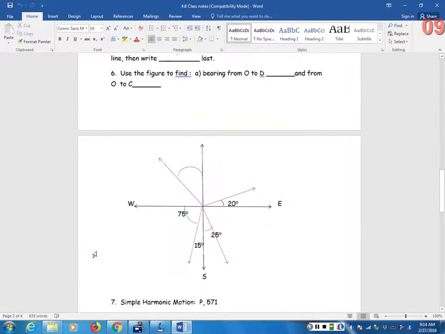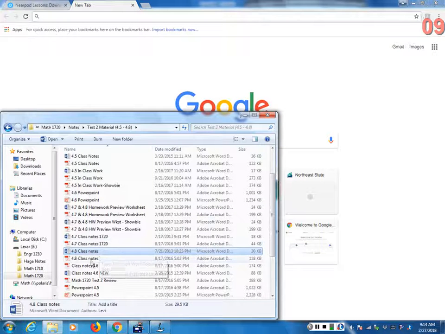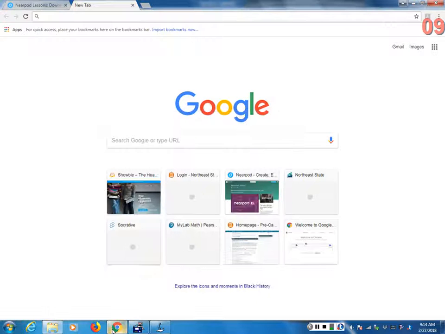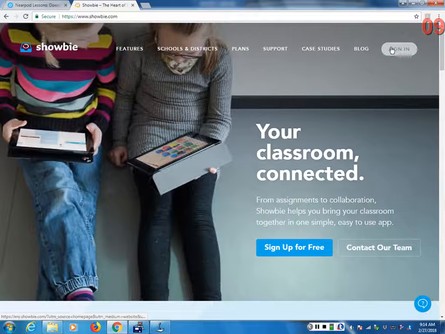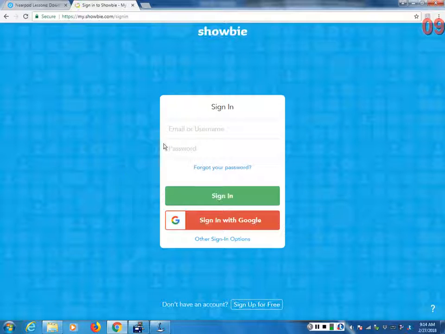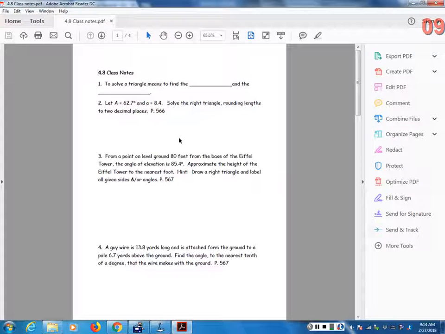Sorry about that. These notes, I don't have these posted. I have the old ones. If it's a Word document, you can go in and add spaces. Yeah, that's a good idea.